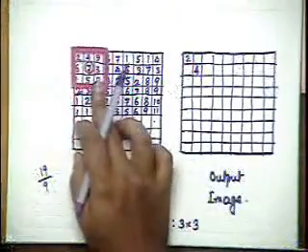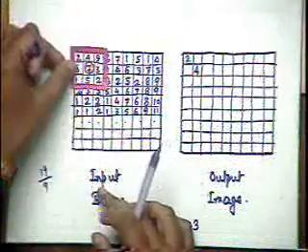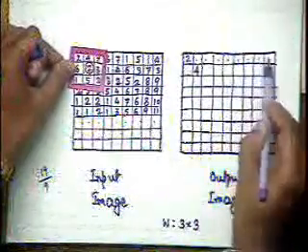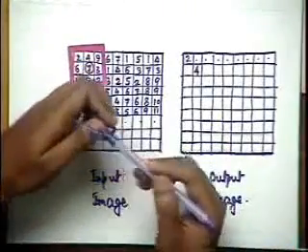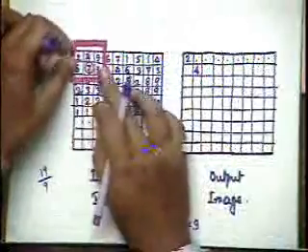Now if I want to determine the intensities over all the pixels in this particular image, what am I going to do? I will have to slide this window. So in order to determine the intensity at this particular point, which has an intensity equal to 4, I position my window over here. Then for the next pixel, I position the window over here.